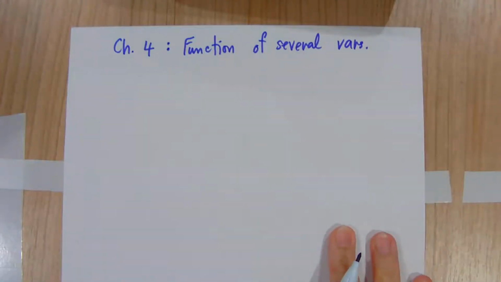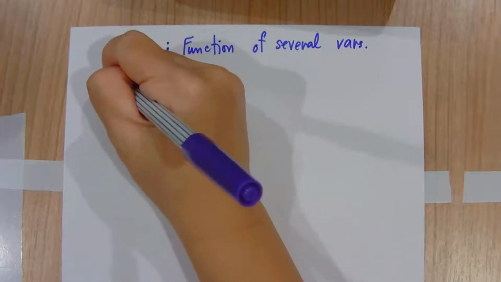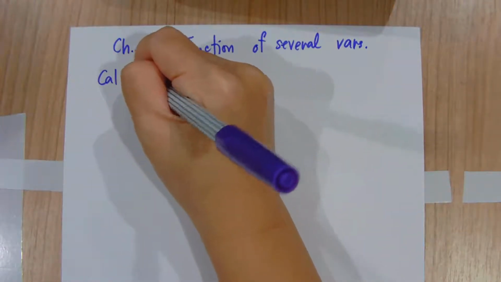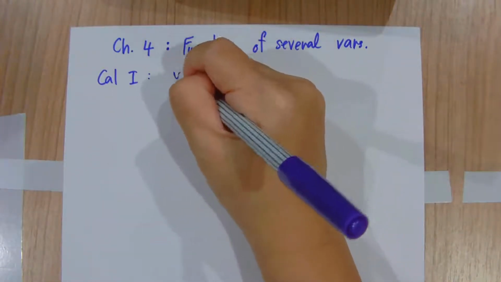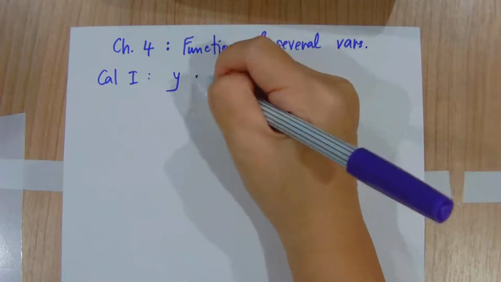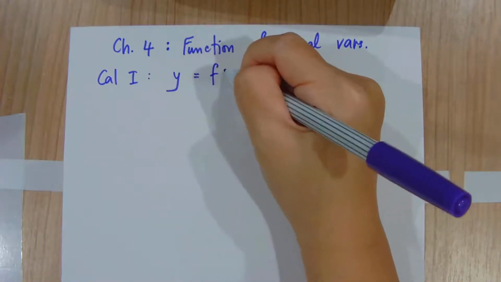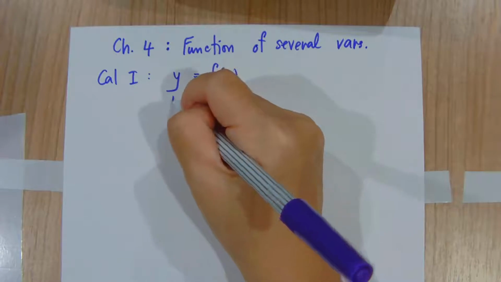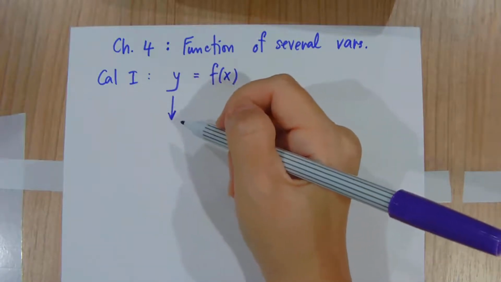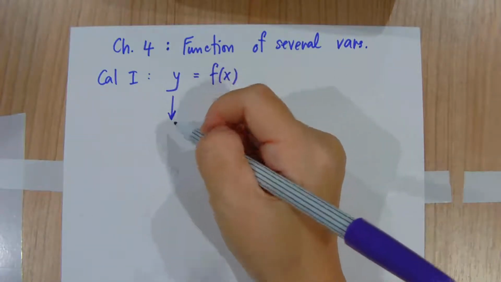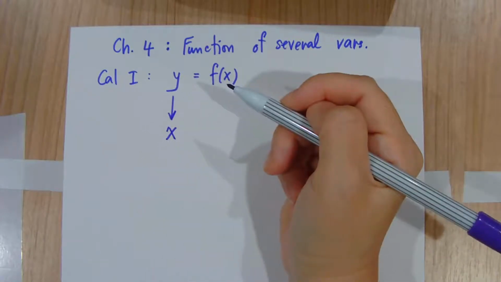Okay, so normally in calculus 1, we talk only about functions of a single variable. That means that you have y, the variable that depends on the free variable x.